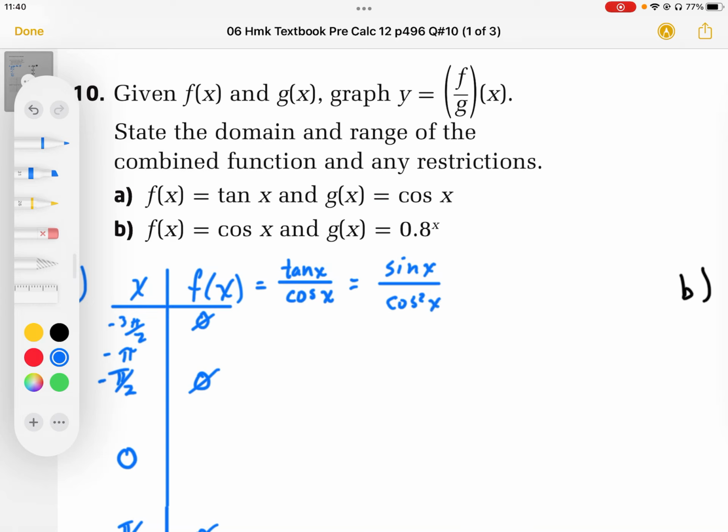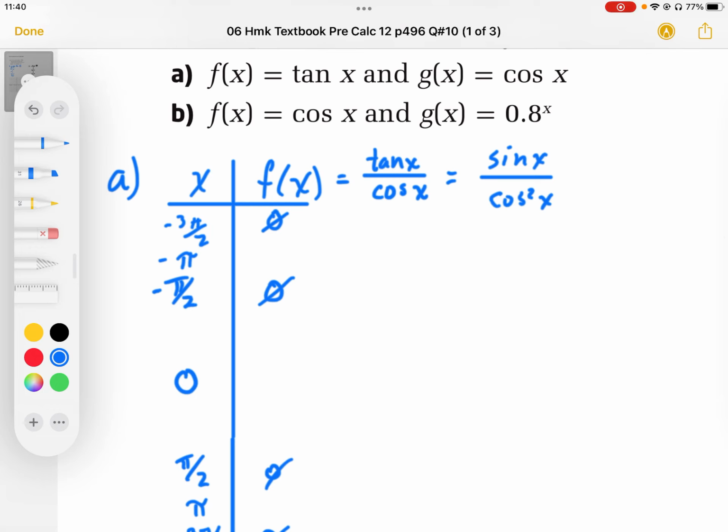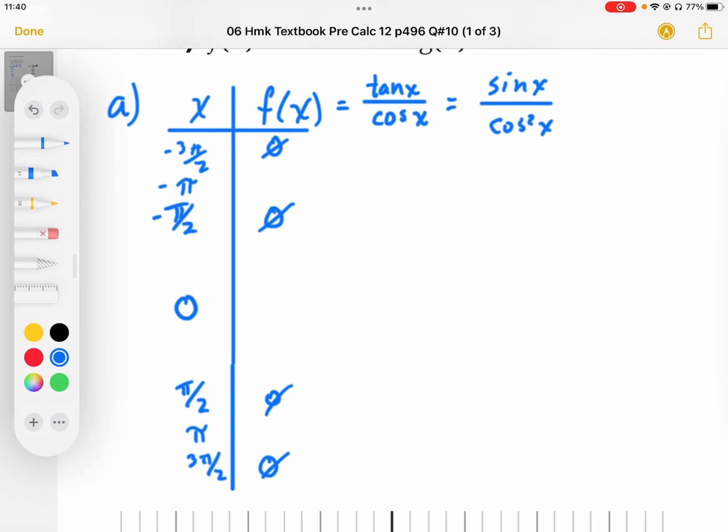So where the cosine is equal to 0, we're going to have vertical asymptotes. So at negative 3 pi over 2, negative pi over 2, at pi over 2 and positive 3 pi over 2 is when we hit the vertical line to give us a cosine of 0.